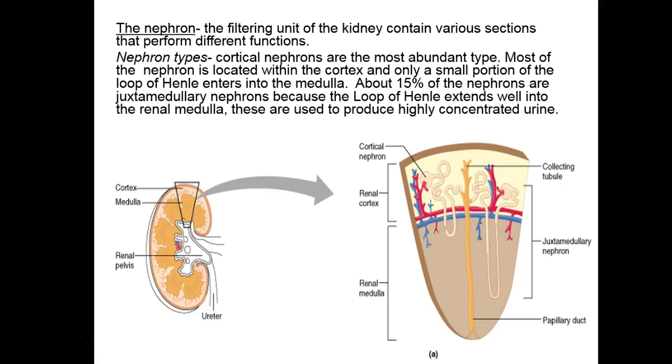But the other type, the juxtamedullary, are found at the space between the cortex and the medulla, and their loop of Henle hangs very deeply into the medulla of the renal pyramid. The juxtamedullary nephrons are able to create very concentrated urine because of that extended loop of Henle. Loop of Henle is that loop that's hanging down.